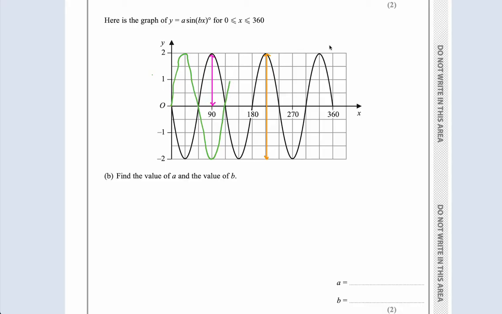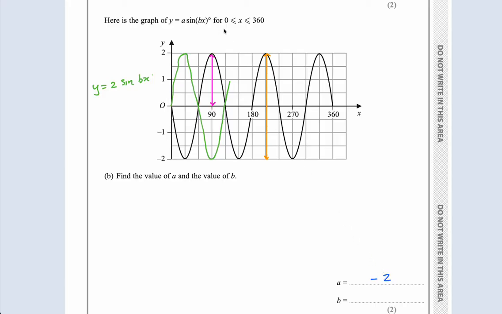Excuse my graph guys, you don't have to draw this, obviously. That is what y equals 2 sine bx would look like. But our graph doesn't do that. It does this. It's actually a reflection in the x-axis. So A isn't 2, A is actually negative 2. So I'm just going to write that straight down. A equals negative 2, because the negative actually reflects it in the x-axis. So that's tricky, to be fair.